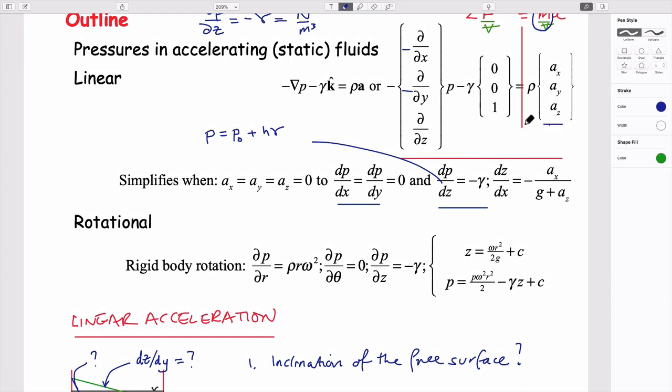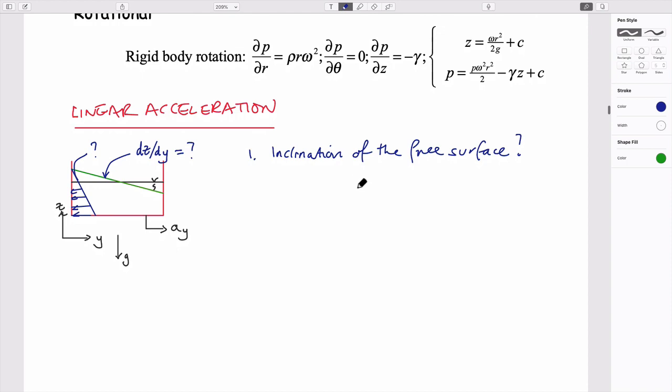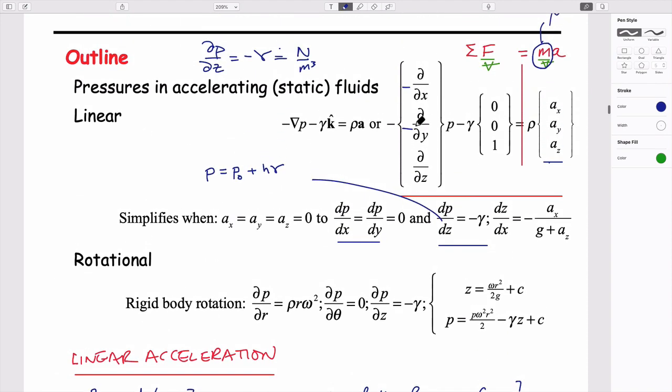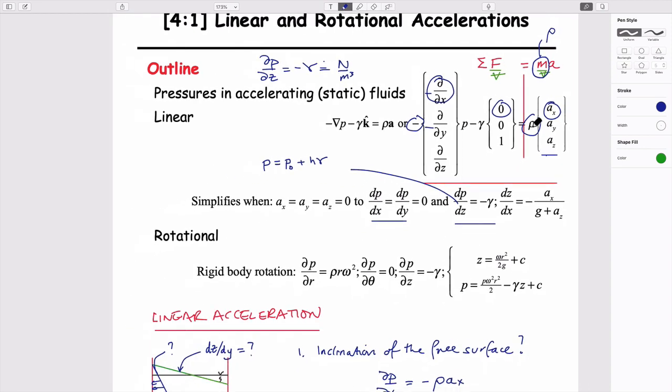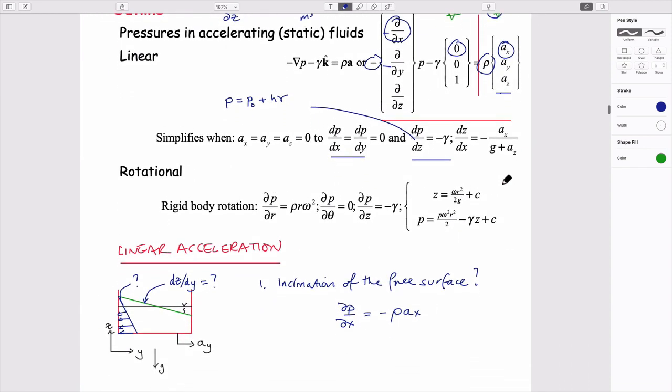If I write this out, for these expressions, the change in pressure with x is equal to minus density times the acceleration in the x direction. In other words, this term here is a negative, this is a 0, this is a_x rho. I'm just pulling it off this. Maybe I'll make this smaller so you can see both at the same time.